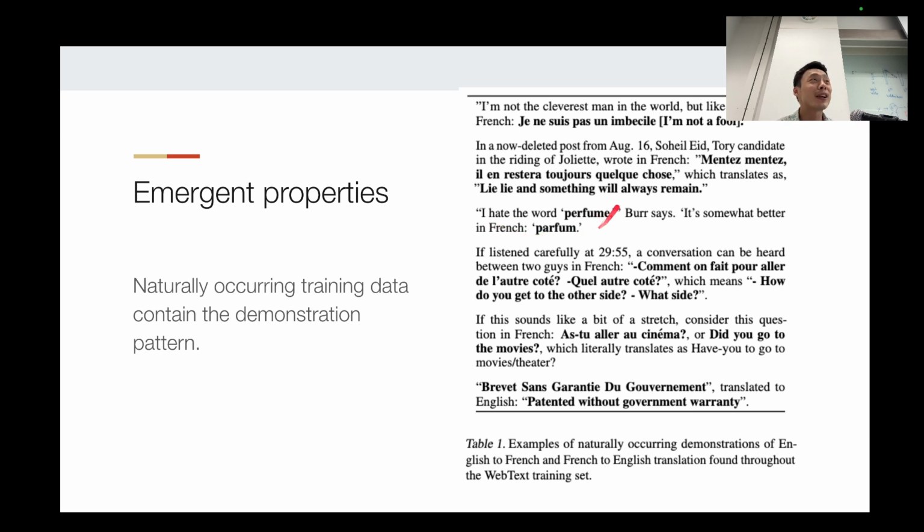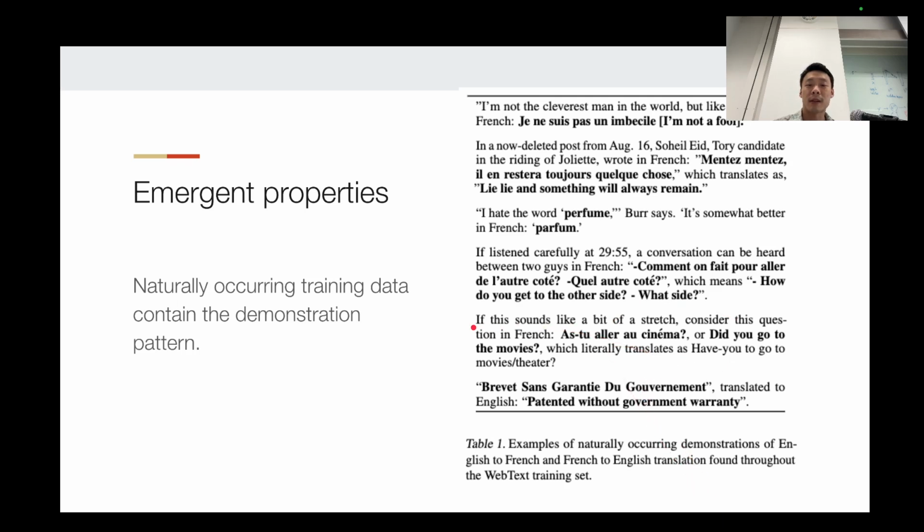Okay? So there's some data like this where it performs translation without being told to. From patterns like this, which might not exist a lot, but might exist like 100,000 times, it learned that to translate is to do something that you see in this pattern.